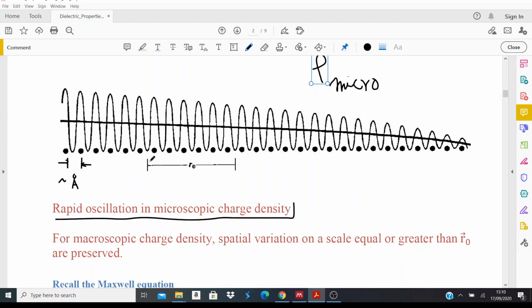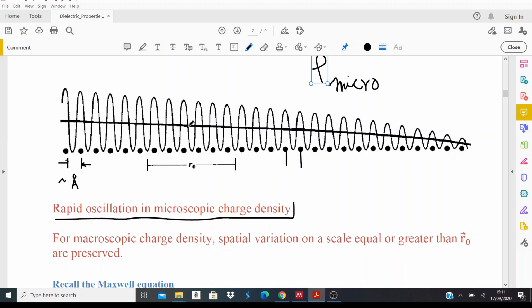If somebody asks what this thick black curve is doing in this small angstrom range, you would say it's almost the same. So although the microscopic field is fluctuating on a rapid scale, the average field is not really varying in the angstrom range. In that case, this is almost a constant.